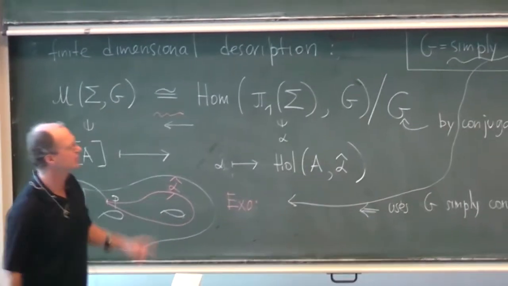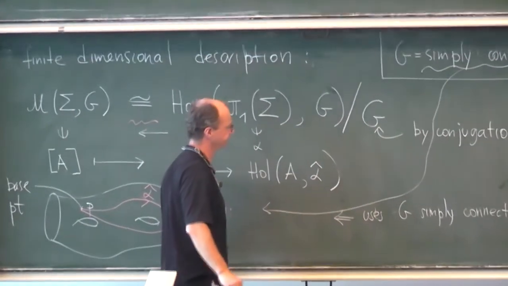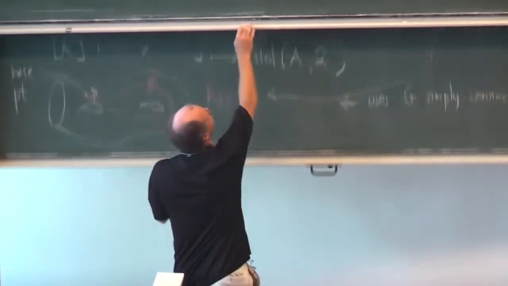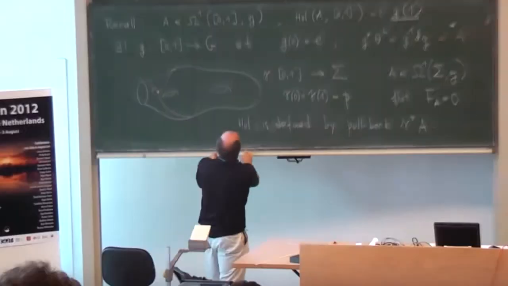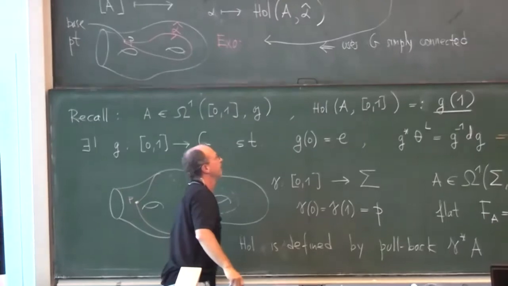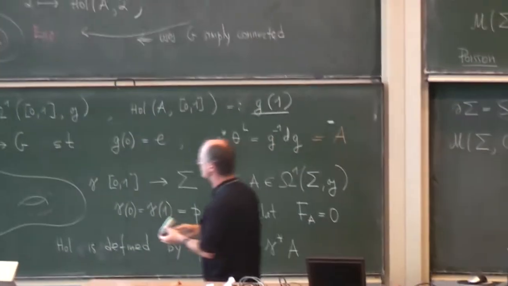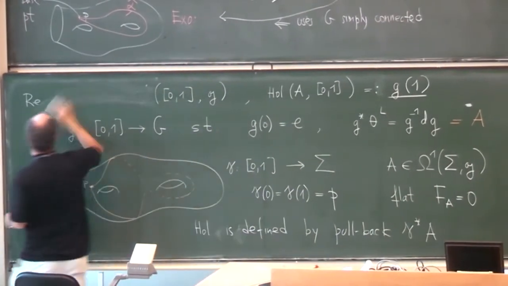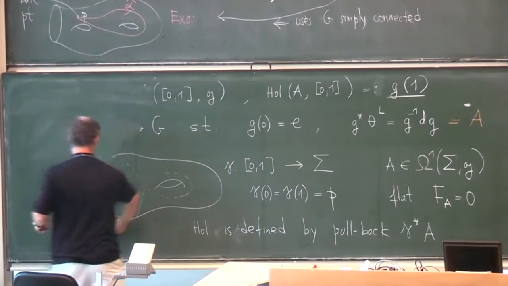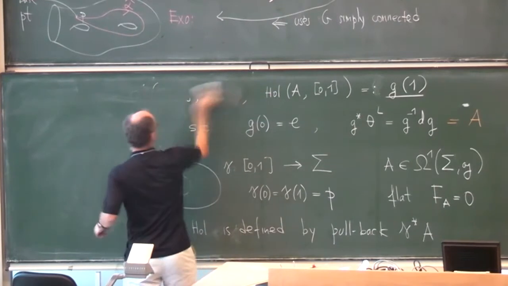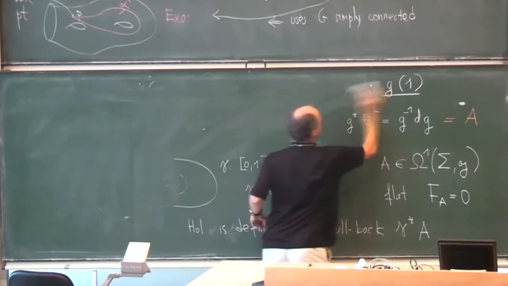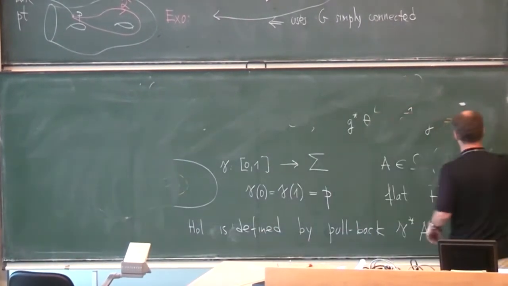I'll give you some indications in some minutes on how to do it. Right. But more concretely, this still sounds very theoretical. Let me say a bit more concretely how those spaces look like.